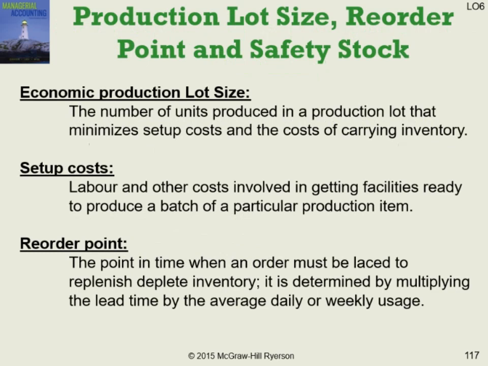A couple of other things to think about. Production lot size. You want to set your inventory purchases based on the amount of units you usually produce or you usually require for your standard lot size. So your batch of production may be a consistent amount, and so in that case you want to minimize the number of times you have to reset the manufacturing process to set it up for different sizes or different kinds of inventory that you're producing.